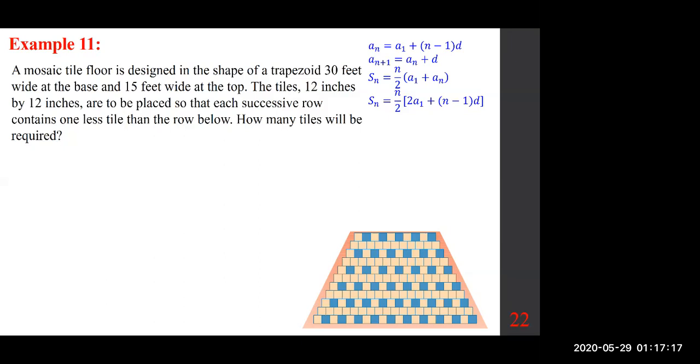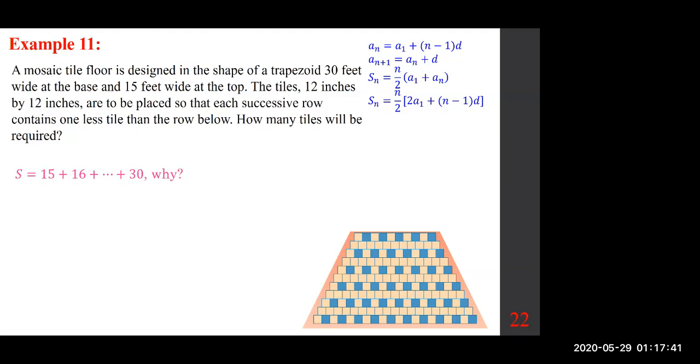The idea is very simple. We have to add 15 all the way to 30. Everybody understands that, right? Because the smallest one is 15, okay? And the other side, the larger side is 30.